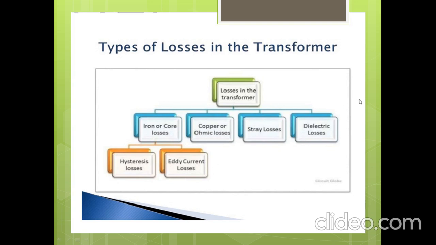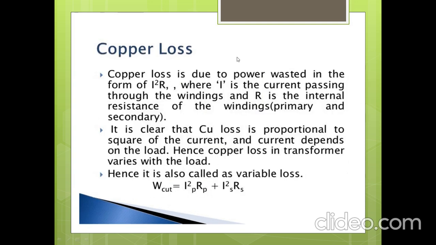Okay, so we will see the copper loss. Copper loss is due to the power wasted in the form of I square R, where I is the current passing through the windings and R is the internal resistance of the windings, primary and secondary. It is clear that Cu loss is proportional to the square of the current, and the current depends on the load.